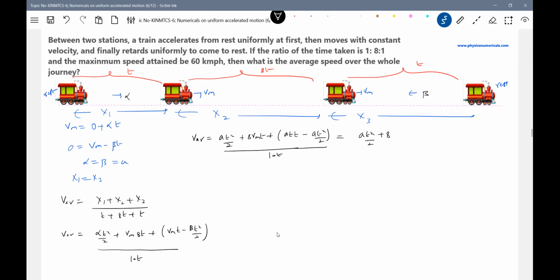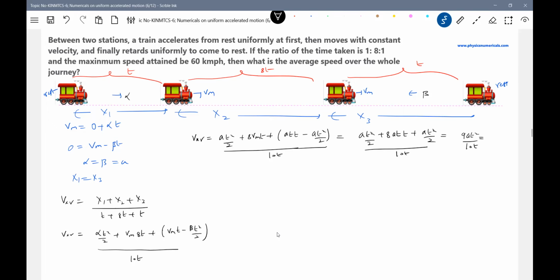So this should be equal to a t square by 2 plus Vm, where Vm is 8at, giving 8a t square, plus a t square by 2. This comes to 9 a t square, divided by 10t. For everything, we can replace in terms of Vm also.